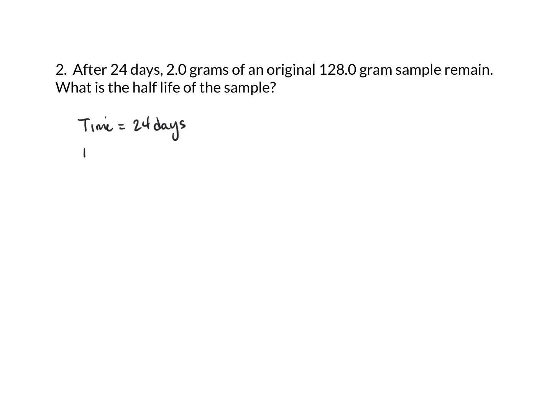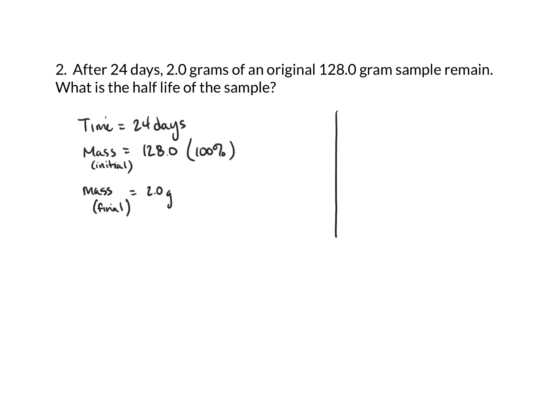Grams, so the total mass equals 128.0. So this represents 100%. And then the mass, so that would be your initial. And then your mass final would equal 2.0 grams. So basically what we're looking at that graph, again, we start way up here, and that would be our 100%, which is 128 grams.